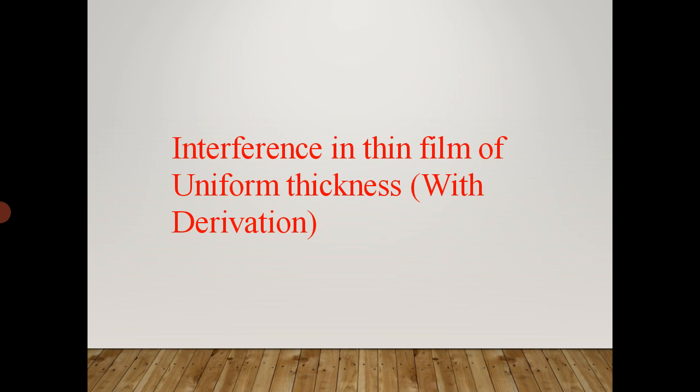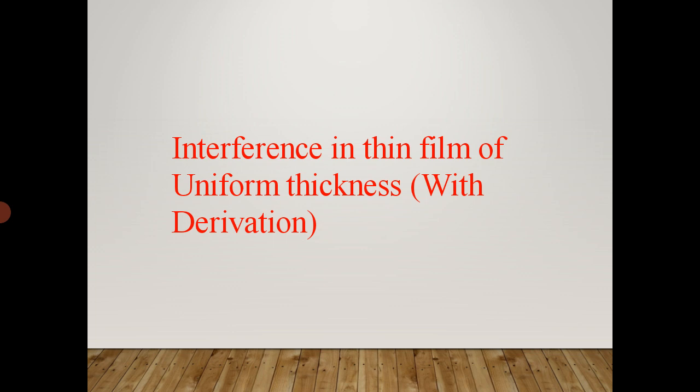The resultant of these waves is the vector sum of the amplitude of each wave. The modification or redistribution of intensity of the resultant wave due to superposition of two or more waves is known as interference. There are two types of interference: constructive interference and destructive interference.